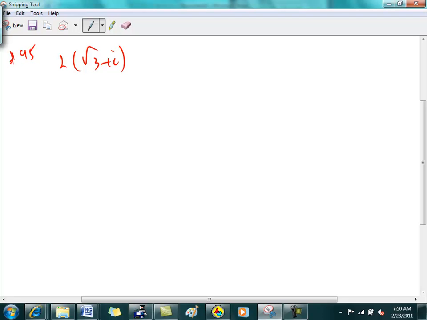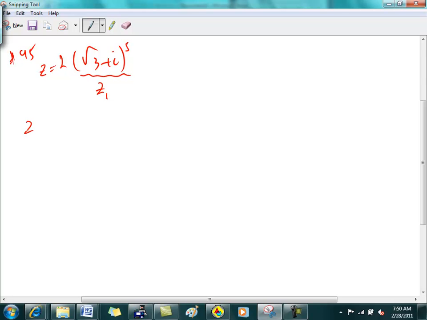To the fifth? Notice that only this thing is raised to the fifth power. So I'll call this Z1, and I'll call this whole thing Z.